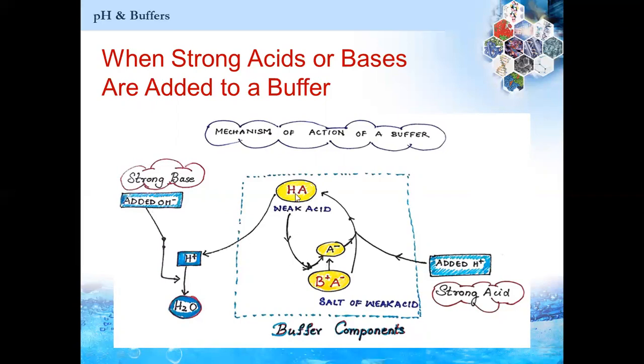The A- can interact with the B+ and form the salt, and the H+ ions that have been dissociated from the weak acid now interact with the added OH- ions and form water. Water is now a neutral molecule. So there will not be any change in the pH of the solution due to the added OH-.